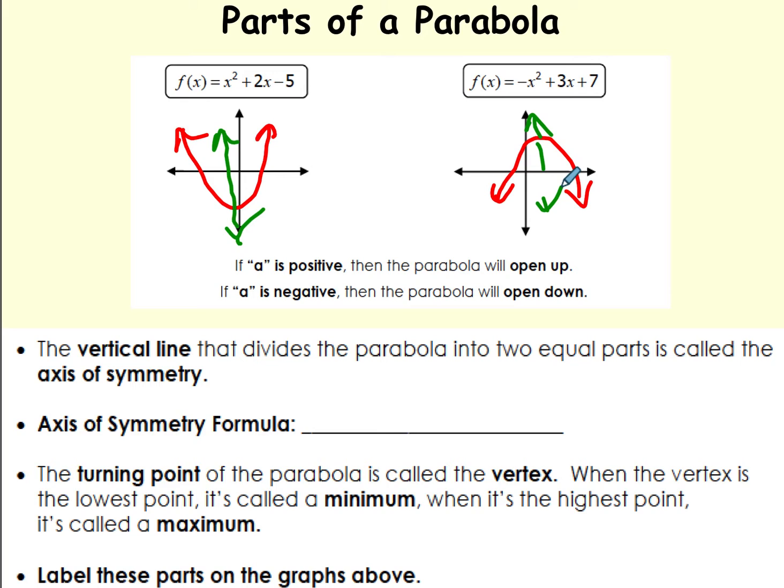The axis of symmetry is always going to be a vertical line. Vertical lines are always at x equals, and we're going to call it h. And the reason is because whenever we're talking about the vertex, we're always going to be using these two variables as our x and our y coordinates for our vertex.